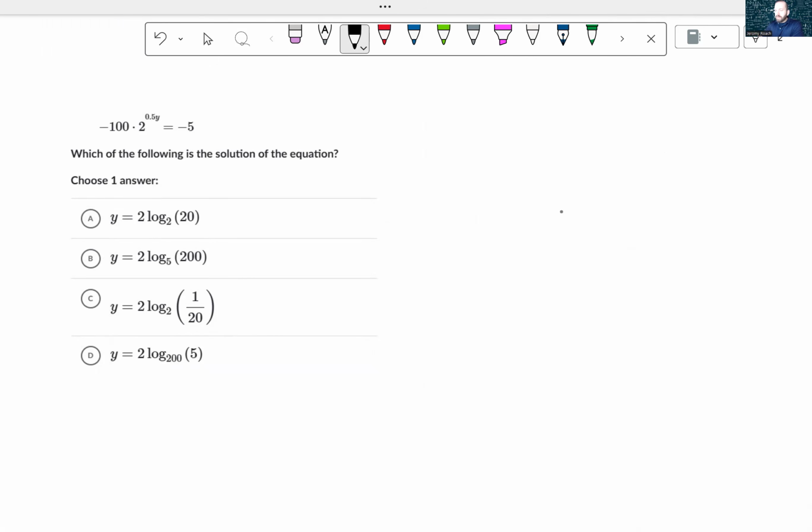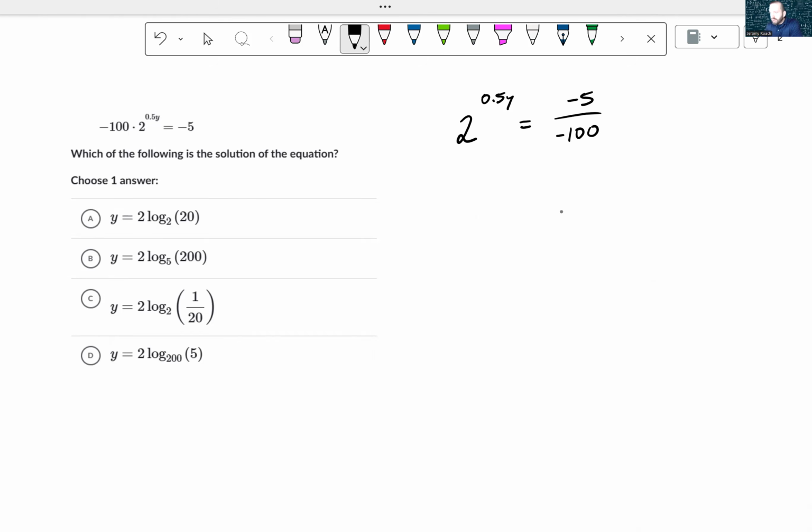So the first thing we're going to do here is we're going to divide by -100. So we get 2 to the 0.5y is equal to -5 over -100. So I just divided by -100 on both sides.